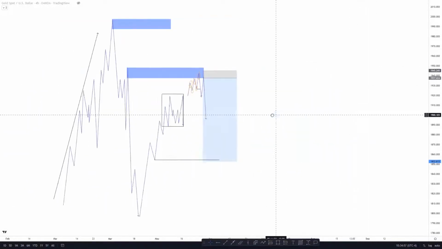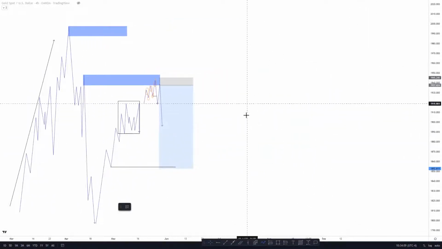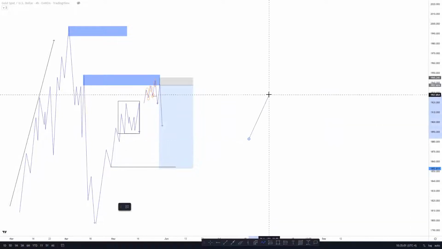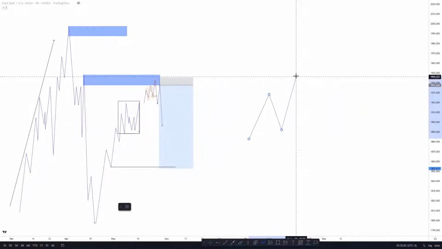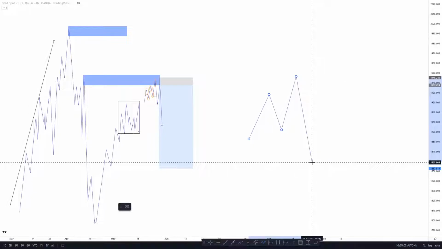And what I see in the market is that probably the market makes a higher high, higher low, then another higher high, and takes out the lows.